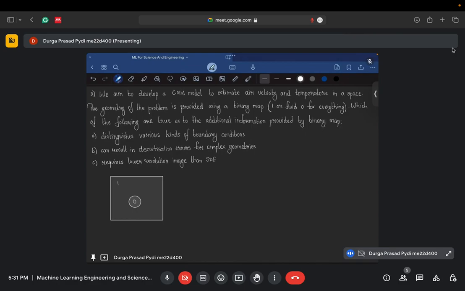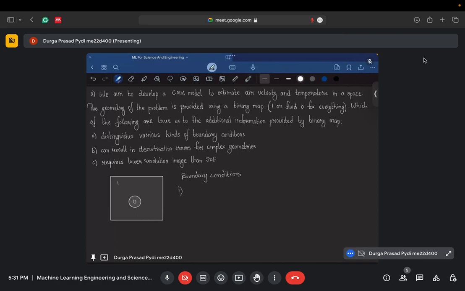So keeping this in view, which of the following are true? First one is it will be able to distinguish between various kinds of boundary conditions. What are the various kinds of boundary conditions that we can have? In most fluid problems, if you are from a mechanical or fluid background, you may be able to answer this straightforwardly.